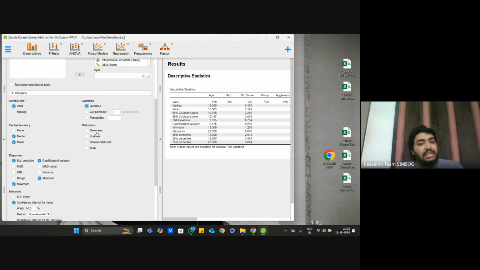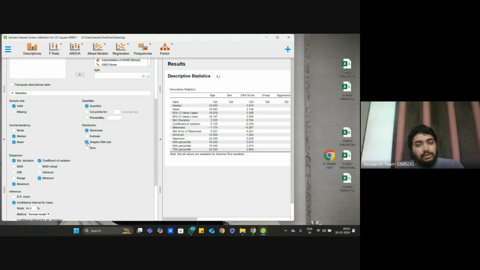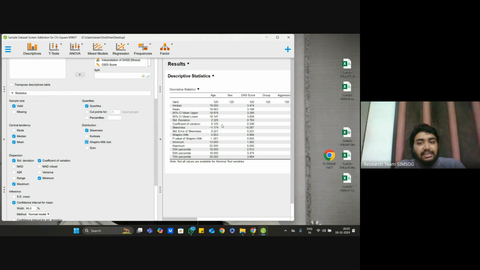Similarly, if you want to check skewness or the Shapiro-Wilk test, you will also get that. Shapiro-Wilk will test and tell you whether it's significant or not.